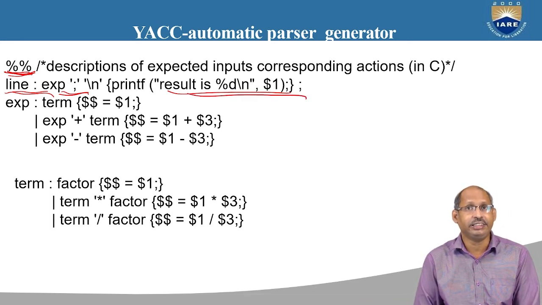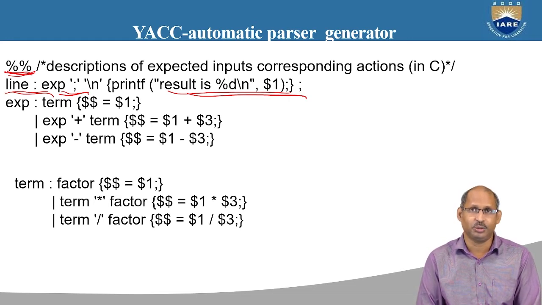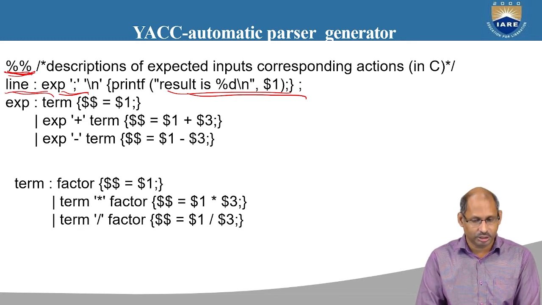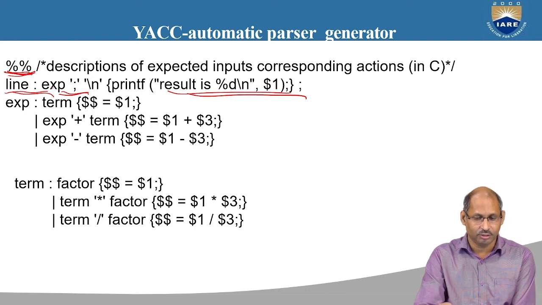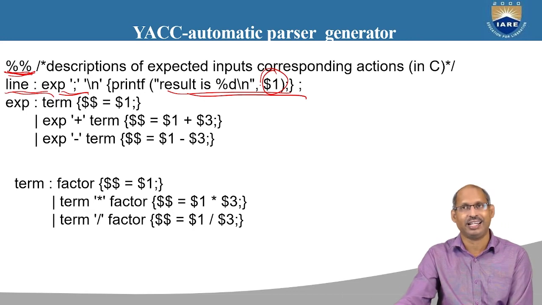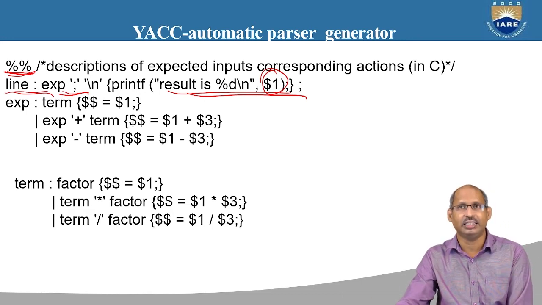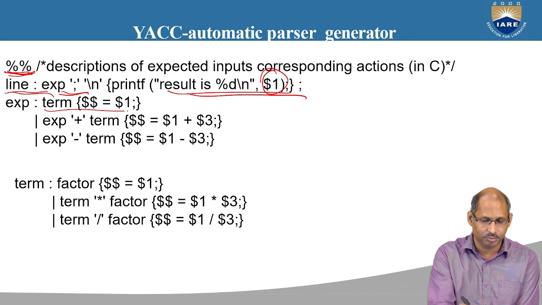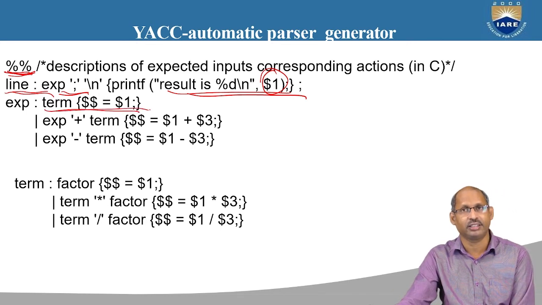So for each in the rules section, there will be expressions. Those expressions will be associated with some action part, right? So here expression semicolon will print as result the result of the expression. Then expression equal to term we are considering.